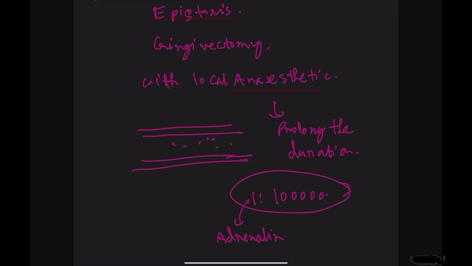And what are the adverse effects of using adrenaline? Adverse effects are the other effects that are not used in the treatment. So what can it do? It can cause mydriasis, because we know there is alpha-1 receptor in the dilator pupillae.